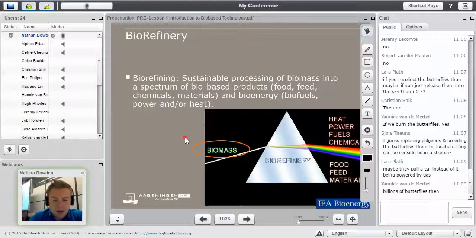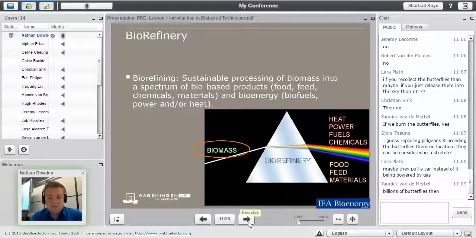Let it be chicken feathers or lemna or grass or whatever. It goes into a biorefinery, and it is split apart into different streams. So it goes to heat, power, fuels, chemicals, food, feed, and material.